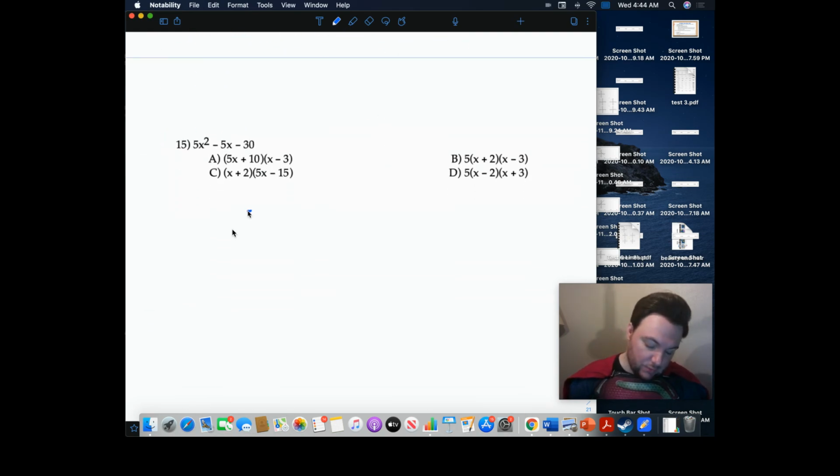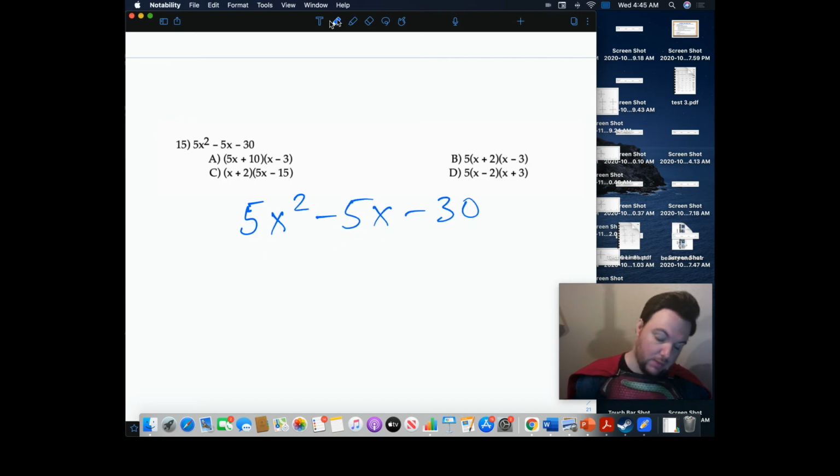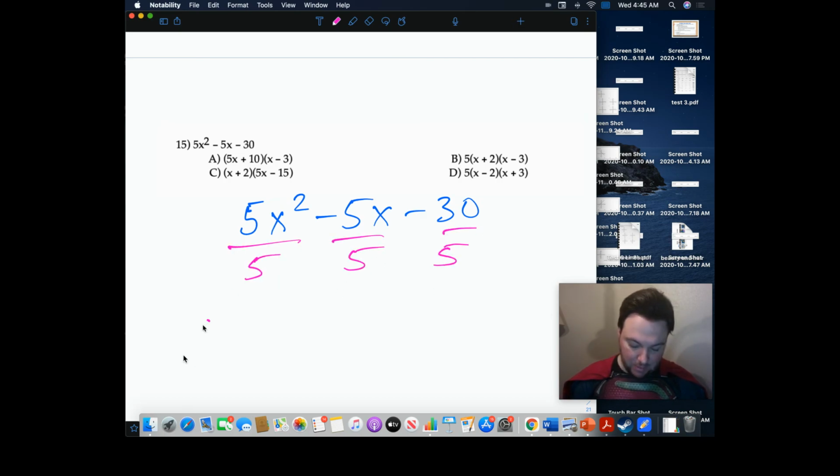Aha! This one's very important. What do you notice that I've been trying to do on all the other ones? It hasn't worked, but I kept checking to see if there's something that could factor out. And here, these are all divisible by 5, so I can put a 5 on the outside. This leaves me with x squared minus x minus 6. 5 divided by 5 is 1, 5 divided by 5 is 1, and 30 divided by 5 is 6.